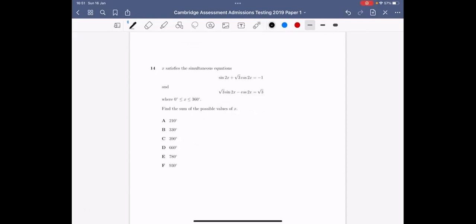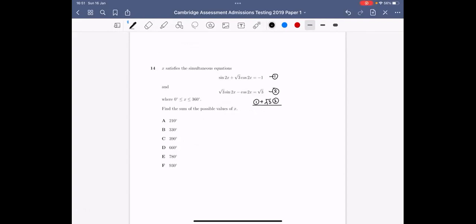Question 14. Here's equation 1. Here's equation 2. X satisfies that. Okay, so first thing I'm seeing is I should do, what if I do equation 1 plus √3 times equation 2?